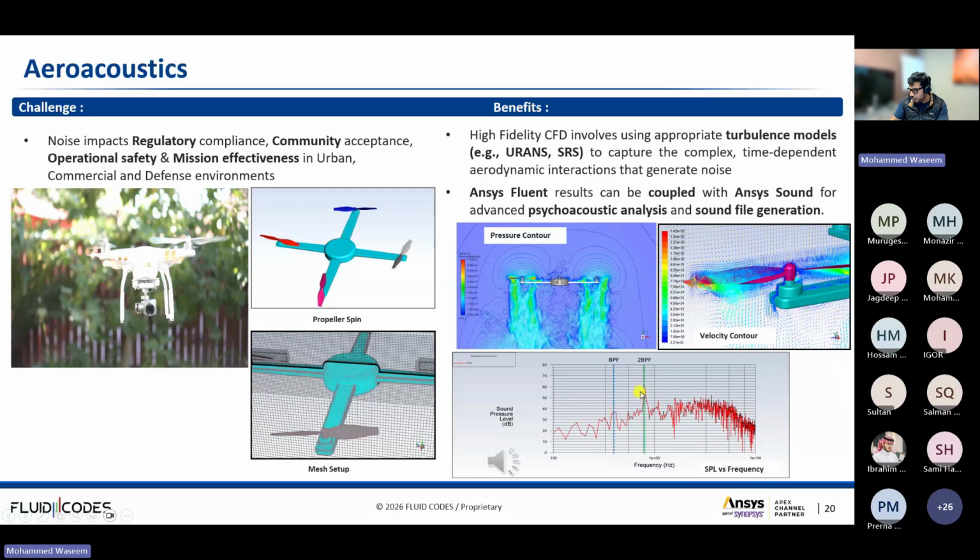So the peaks that you see highlight the main rotor tone, and it repeats at higher frequency. And as you can see, as the frequency increases, those tones typically reduce and fade out. Again, how do we do this? We use ANSYS Sound to generate sound files and evaluate how the noise will be perceived. Now let's listen to the simulated sound.